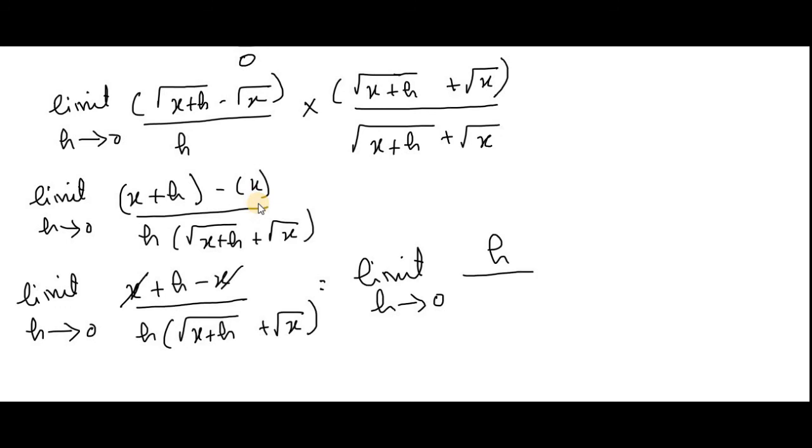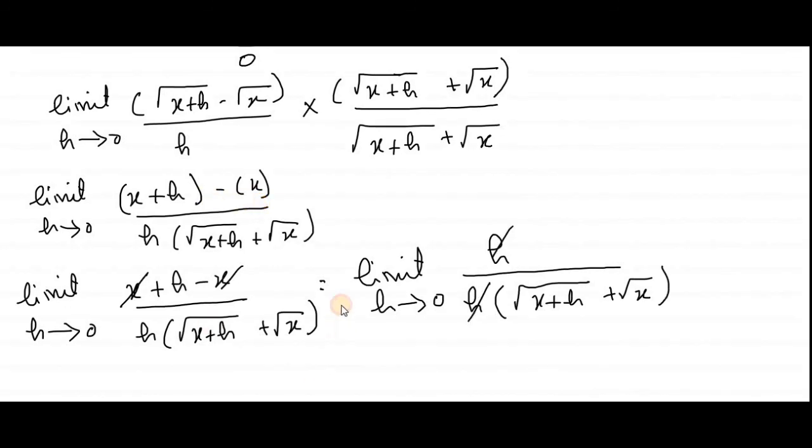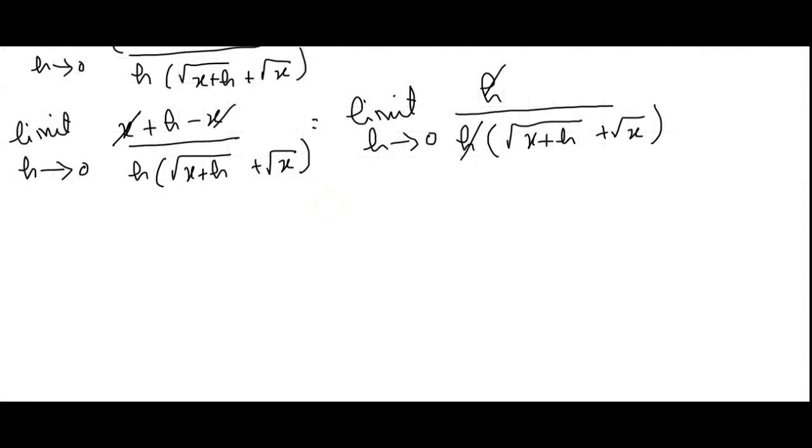We get h over h into root of (x plus h) plus root x. Again this is cancelled, limit h approaches to 0, 1 over root of (x plus h) plus root x.